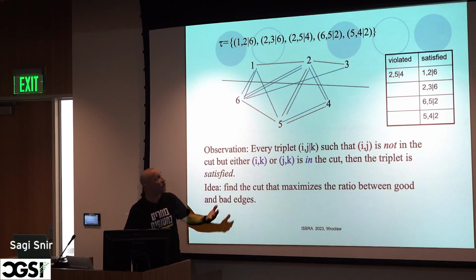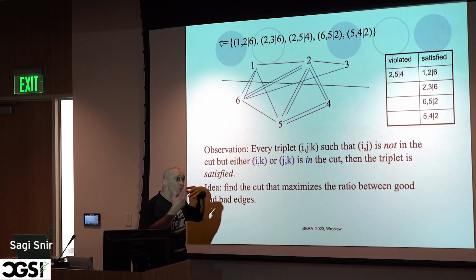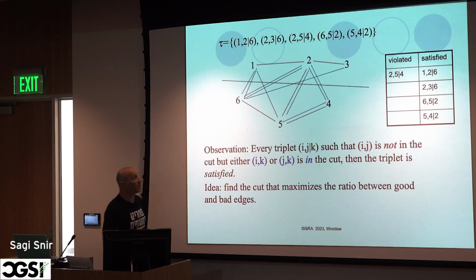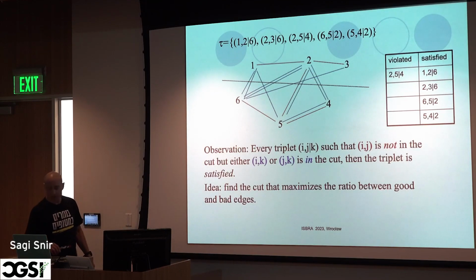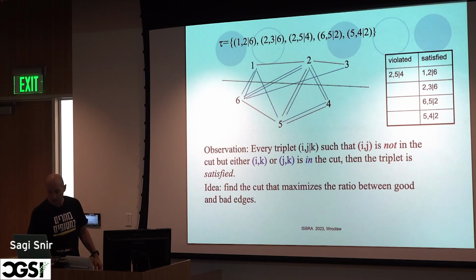The game is over. No triplet was left. So it also accelerates substantially the running time, instead of just running more and more min cuts that are not so useful.